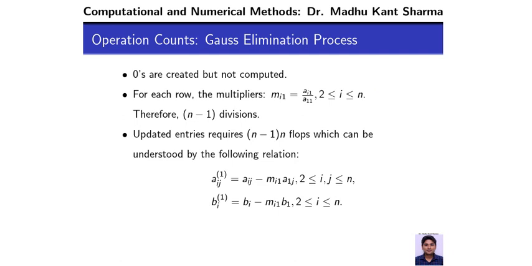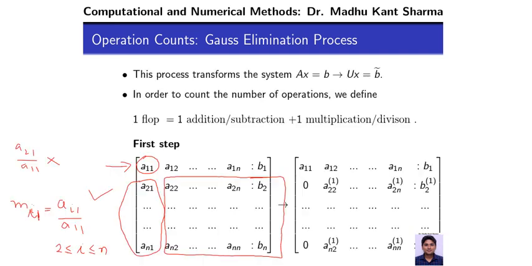What are the updated entries here? aij1 equals aij minus the corresponding entry multiplied. If you look back, how will you obtain the ith row, jth column element?